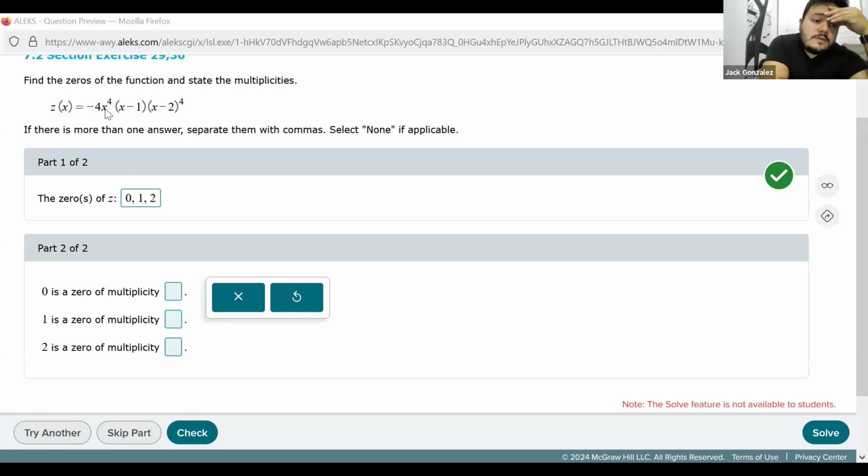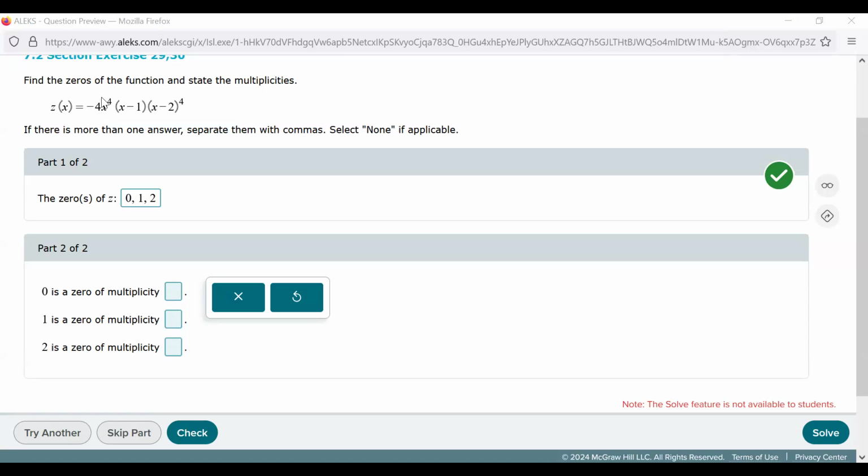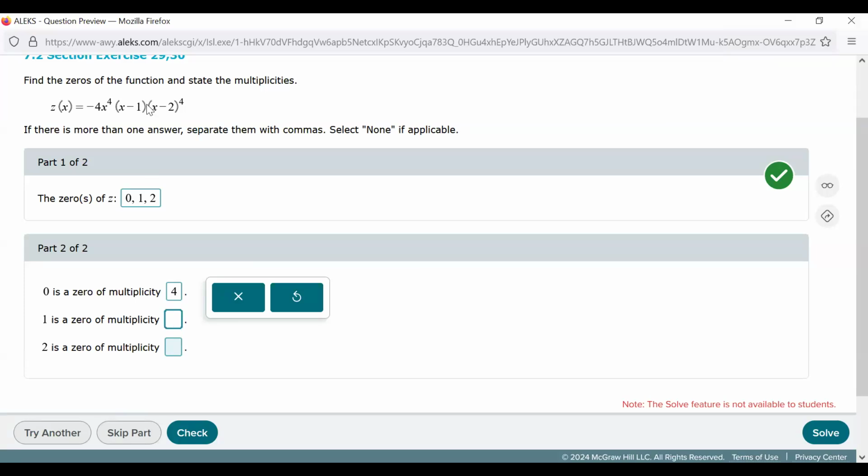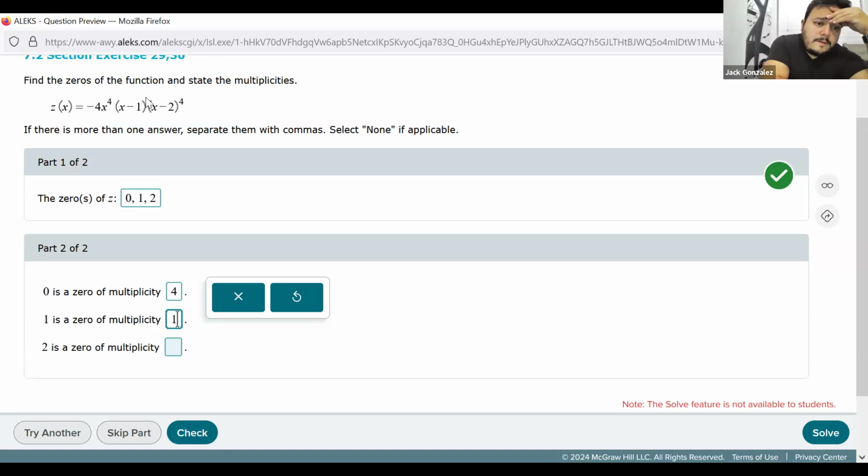What is the multiplicity of the 0? 4. Multiplicity of the 1? It's gonna be 1 because there's no number.